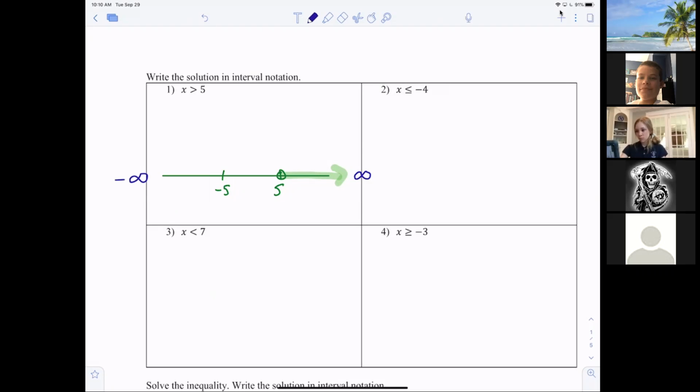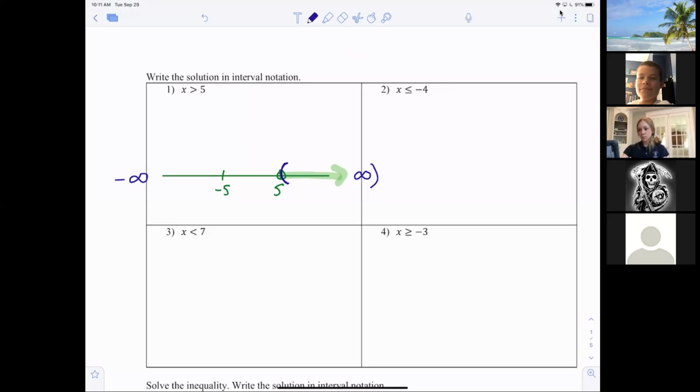Now I need everybody to hear me. When you read numbers, you always go from small to large. So 5 is not included, so it's a parenthesis, and then we're going to infinity, which is a parenthesis.